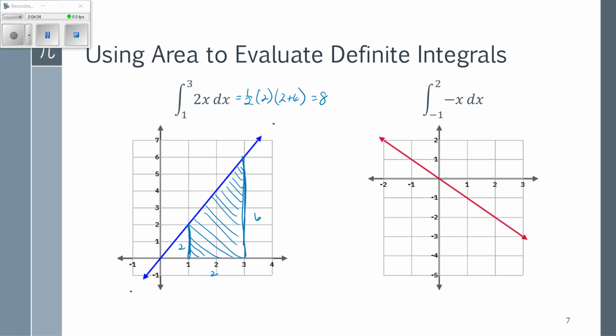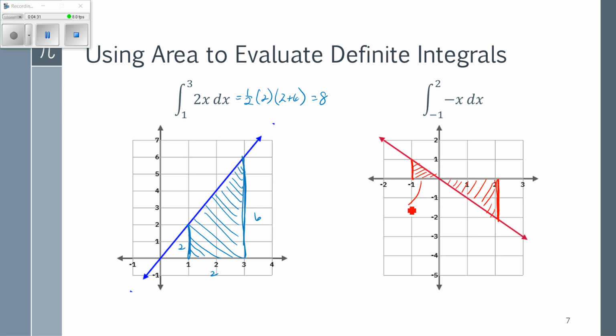Now, if you're going to be using areas to evaluate a definite integral, you do have to remember that if I go below the x-axis, even though the area is still positive, the definite integral will be negative. So if I look at the integral from -1 to +2 of -x, I actually have two different regions because the definite integral is always between the function and the x-axis.